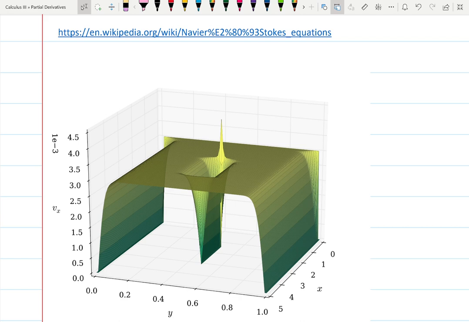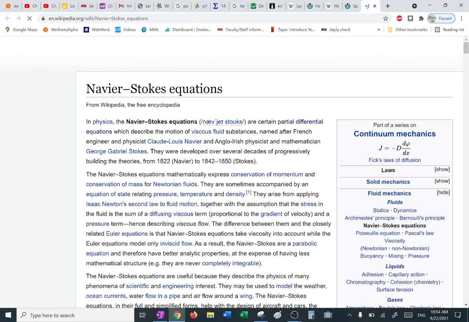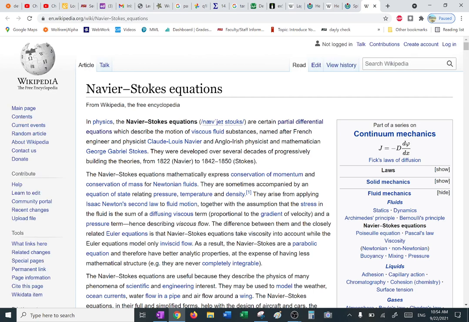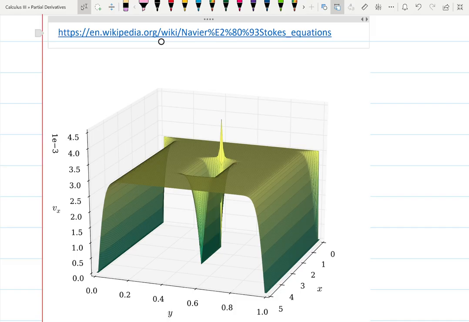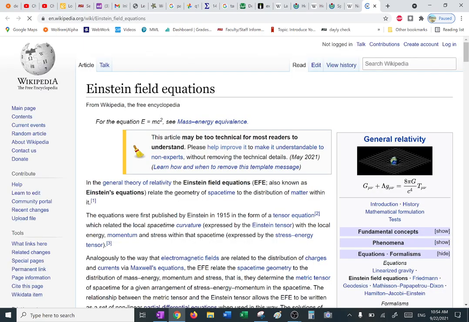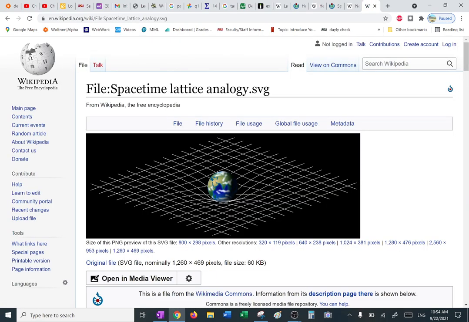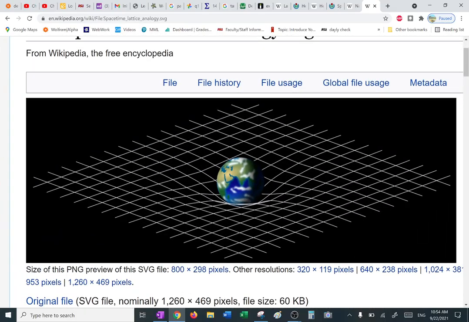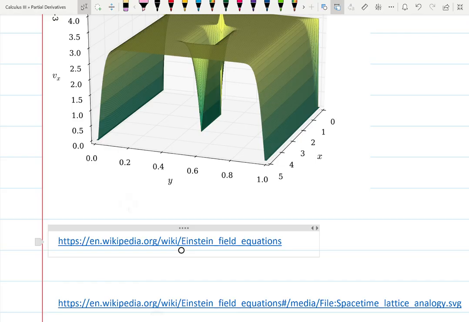No? What's the space time? No? Gravity? Black hole. Oh. Black hole has its own equations. Navier-Stokes equations actually do, I gave you the link to check out, they do model black holes. It's called Einstein field equations, and they are responsible for modeling black holes. So they also have partial derivatives, gravitational forces, and so on.